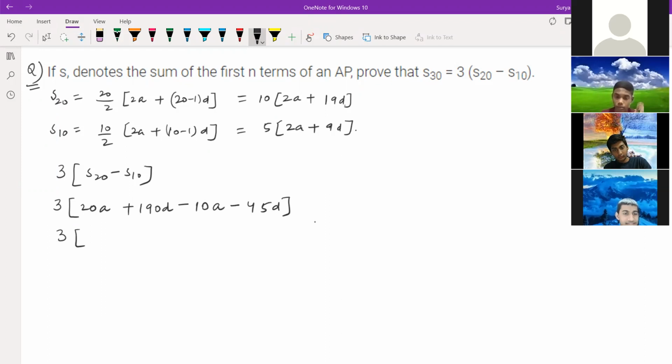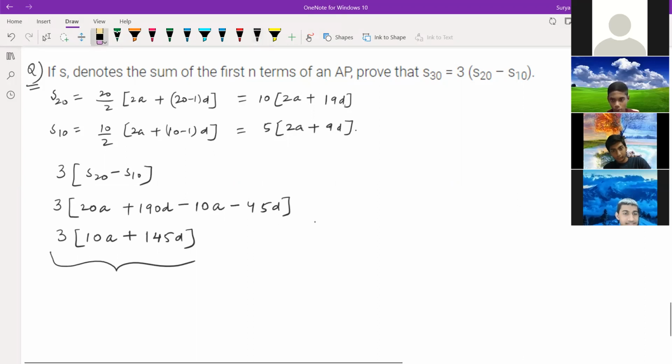So 3 into (20a minus 10a is 10a only), 10a plus 190 minus 45 is 145d. This is coming, right? And what should be there? If you write S30, it should come, no?